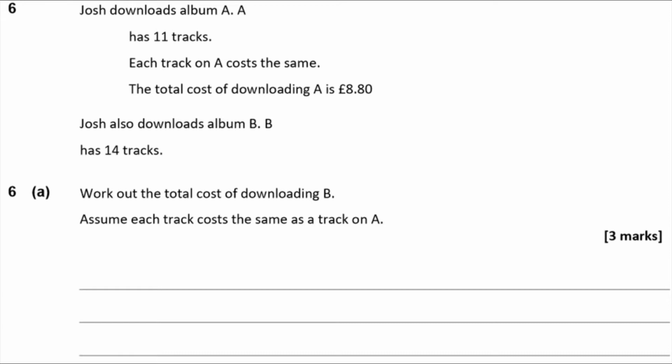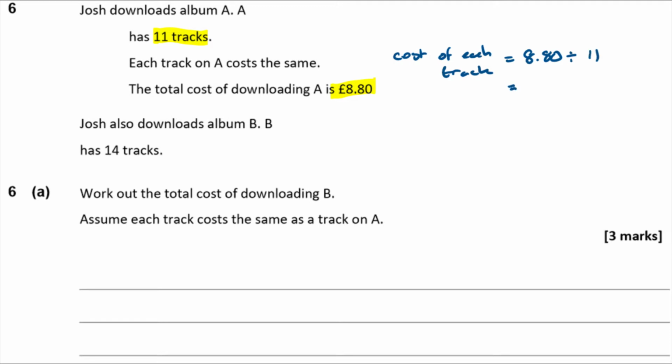Okay? Right, so this has got a few steps to it, isn't it? First off, let's go back up and look at album A. Now album A had 11 tracks, and it costs £8.80. So we should be able to, from there, work out the cost of one track. Cost of each track, that's going to be the total cost, £8.80, divided by the number of tracks, which is 11.